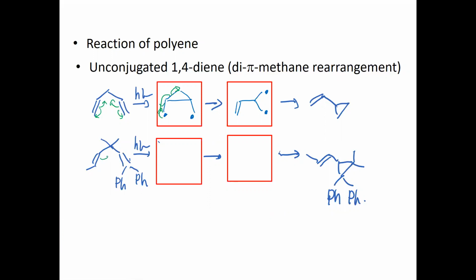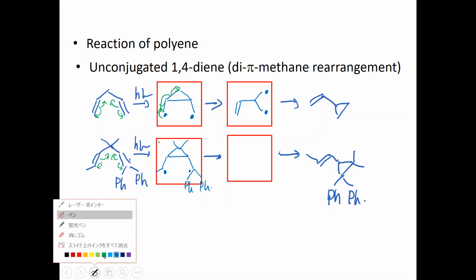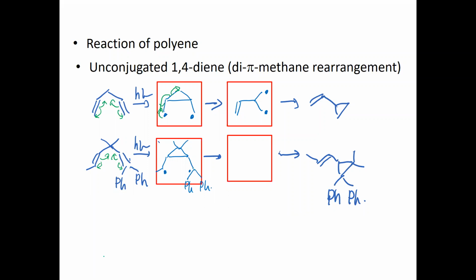And then this example is totally the same. So it's just the cyclization that gives a product, and since this is unstable, this closes and this bond is cut off to make a new structure.